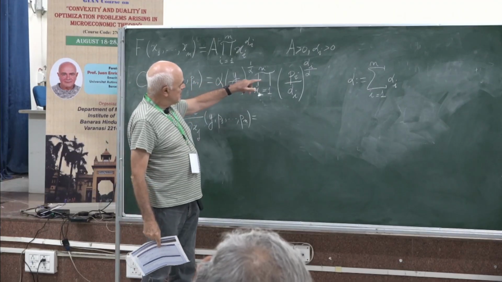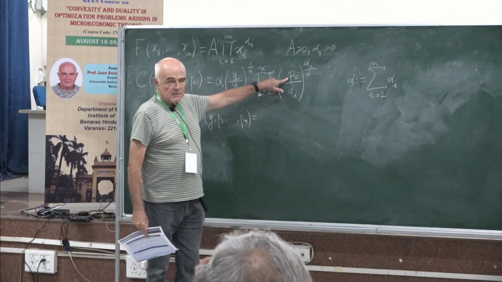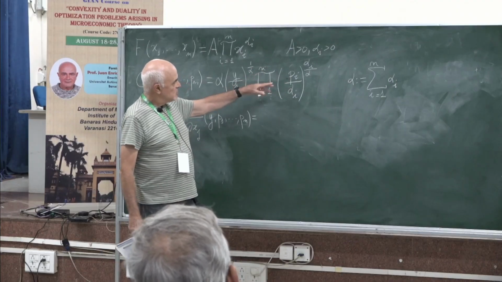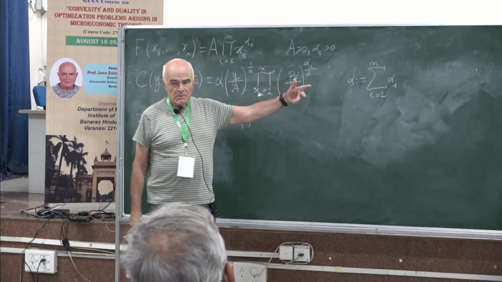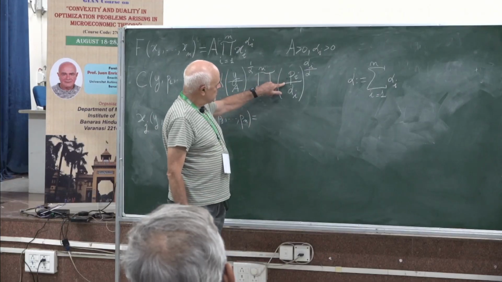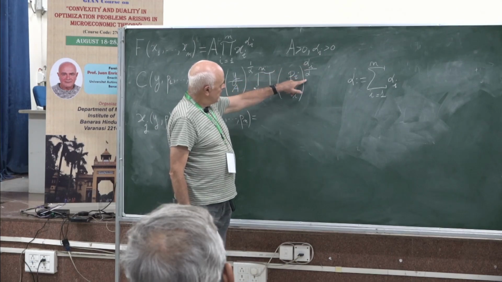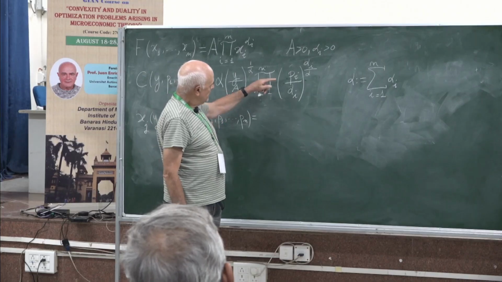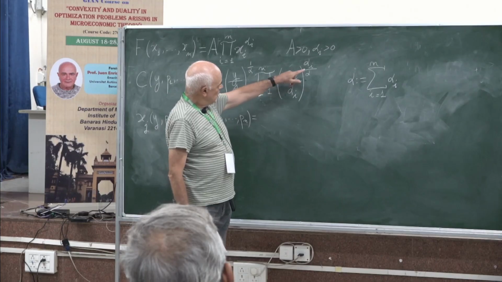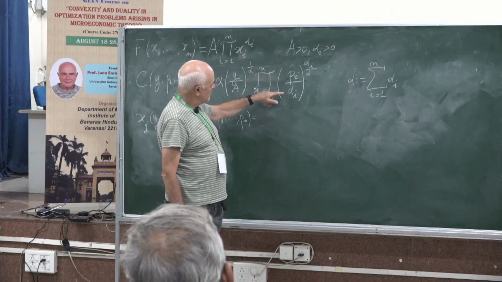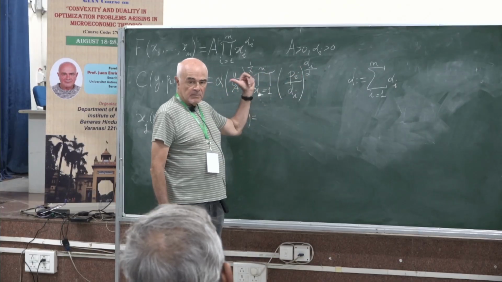So all remains the same except the jth factor here, in which the exponent will change. For the jth factor, alpha j divided by alpha will come out as a factor, and then I will get this to the power this minus 1, and then using the chain rule, this multiplied by 1 over alpha j, which removes the alpha j that came out.